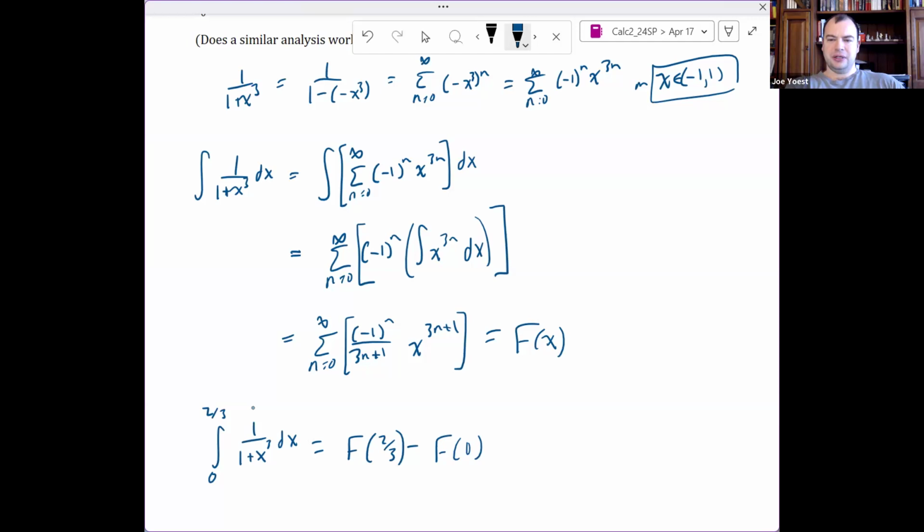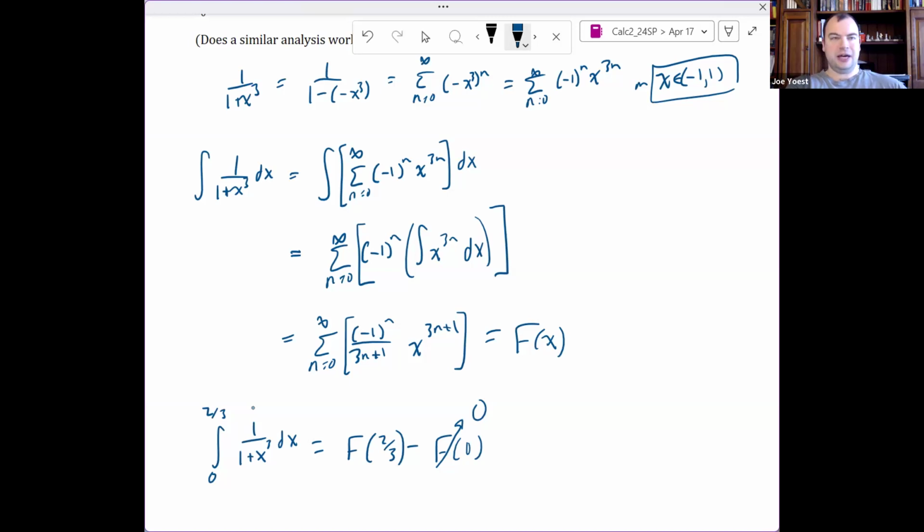Well, note that 0 is the center of the series, so big F at 0 is just, well, maybe I should check just to be careful. But note when n equals 0, we have x to the first power, so we don't have a constant term in play here, so F of 0 is just 0. In other series, I could have a constant term that comes into play when I evaluate at the center, but here F of 0 is just 0.